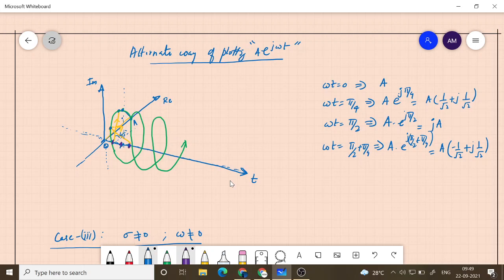So it's complicated. That's why it is convenient to draw by separating it into real part and imaginary part. But this is one alternate way of plotting it. So you will get something like a spring.